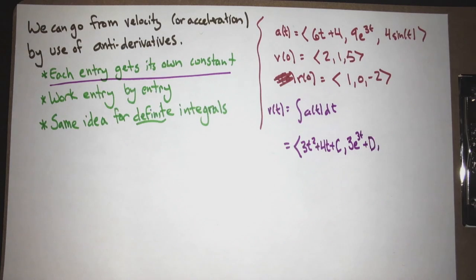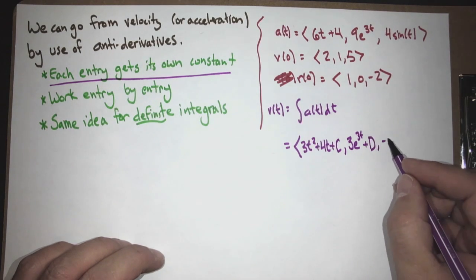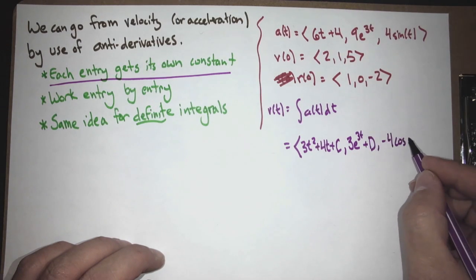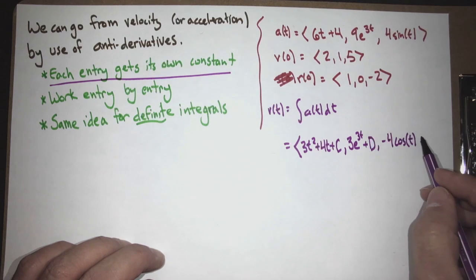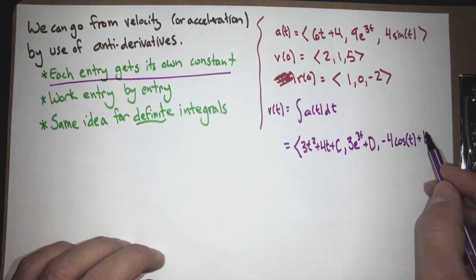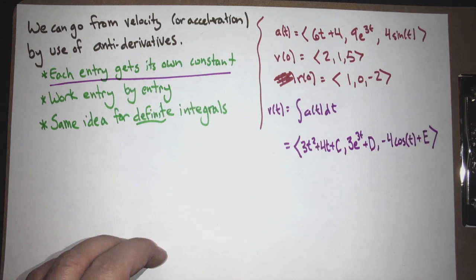And now the integral of 4 sine t, let's not forget that 4. Oh, you guys are good with your signs. Yep, the integral of sine is negative cosine, you've got to keep track. Plus e, or you can use f, that's okay. We'll get to use more constants soon. Don't worry. Now, what should be our next step?